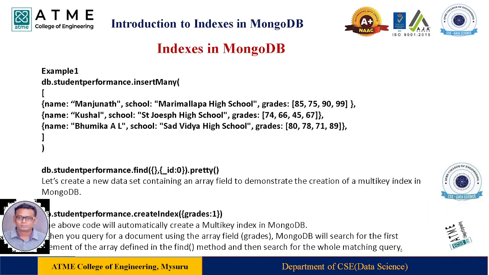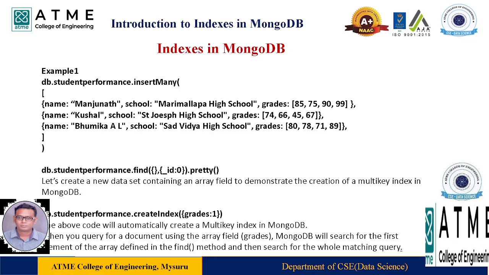Bhumika, Sadvidya School, with the grades obtained by Bhumika. So here you can create an index on grades. Grades is nothing but an array, so you are now creating a multi-key index. A multi-key index is nothing but creating an index on an array field. So the above code will automatically create a multi-key index.